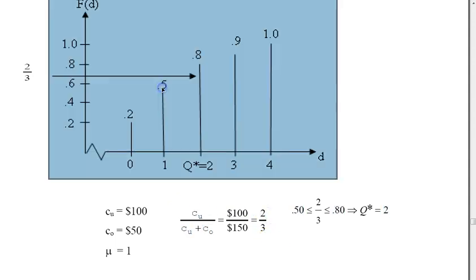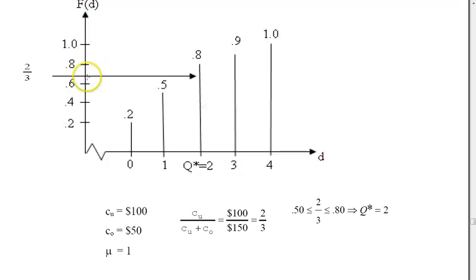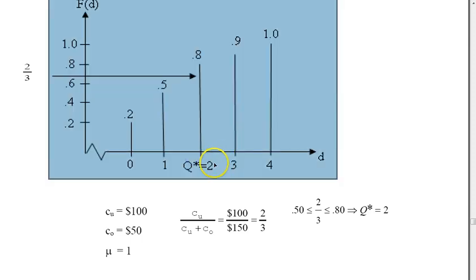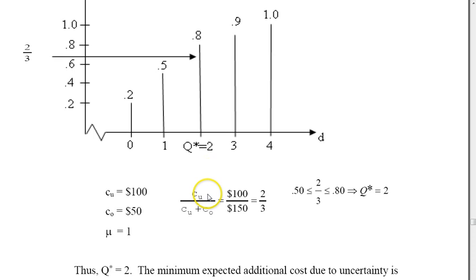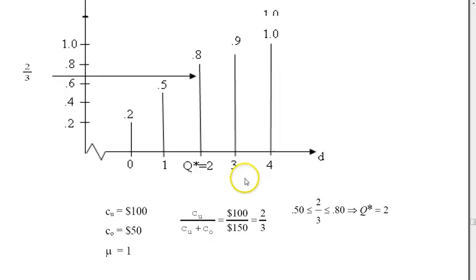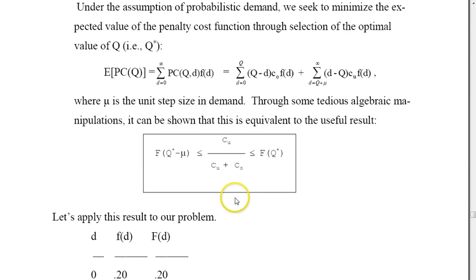The 0.5 is here, the 0.8 is here, and my 2/3 is here. So I go along this axis, go all the way here, go down, and that gives me my optimal hires, which matches this equation I have here. Okay?